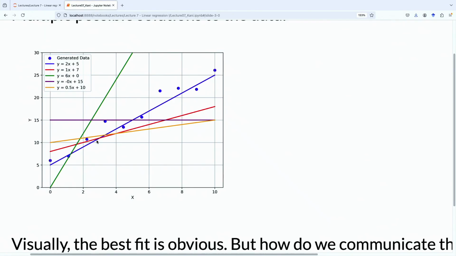And in fact, some lines work better than others. A flat line with basically zero slope doesn't seem to fit at all. A positive slope seems to fit. If the slope is too big, for instance 6x, that's not great. If the slope is too small, it seems to diverge also. Somewhere around 2 seems to be correct.